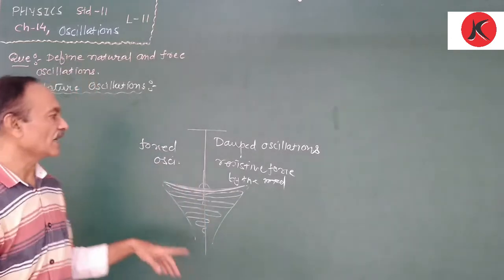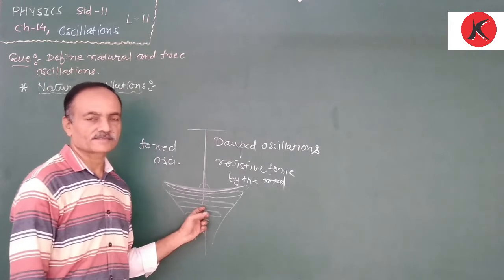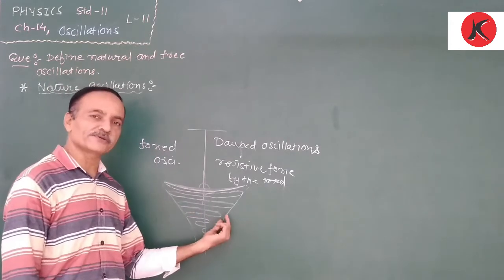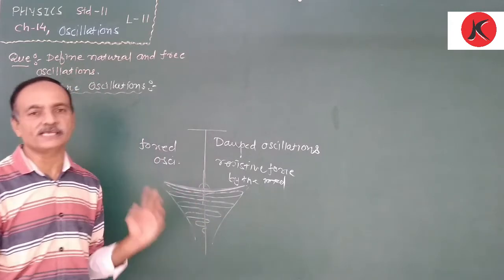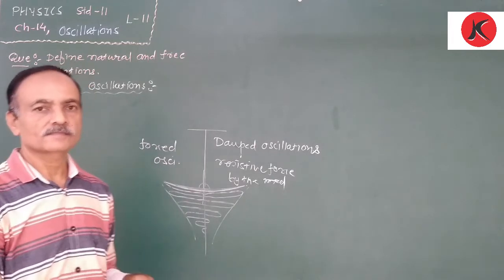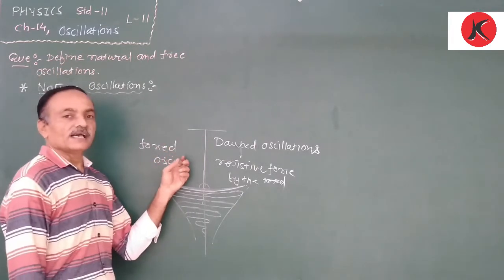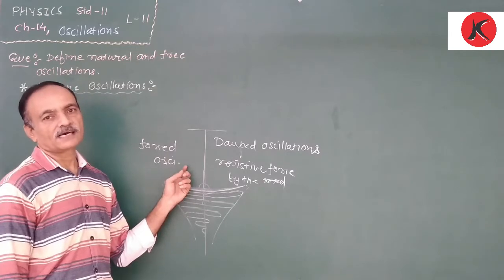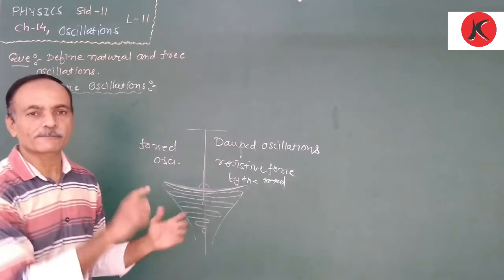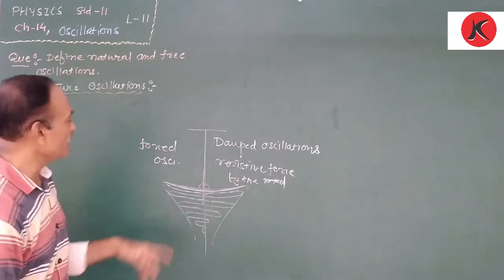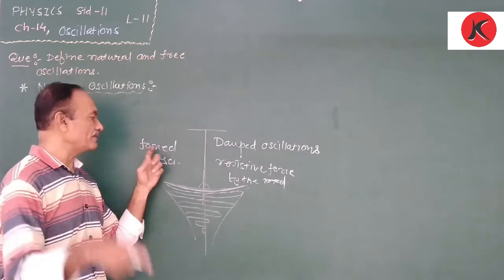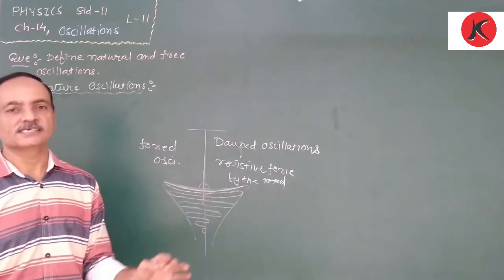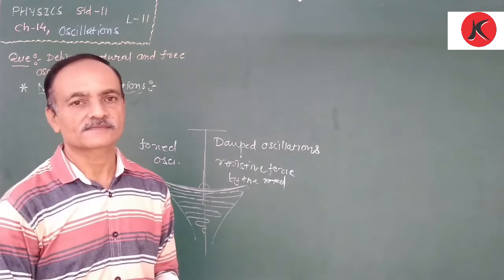Such oscillations are known as damped oscillation. To sustain the amplitude of oscillation of a body or system, an external periodic force is required. After applying the external periodic force, the oscillation in the presence of the external periodic force is known as forced oscillation.